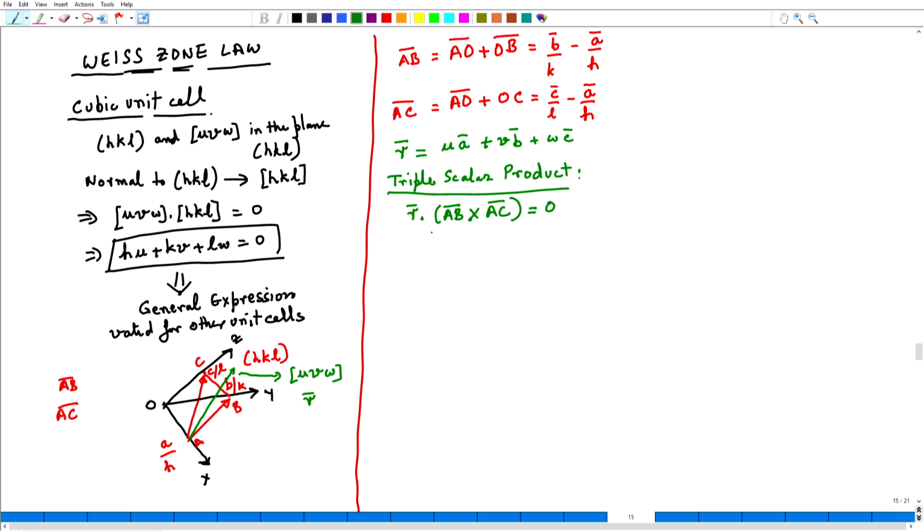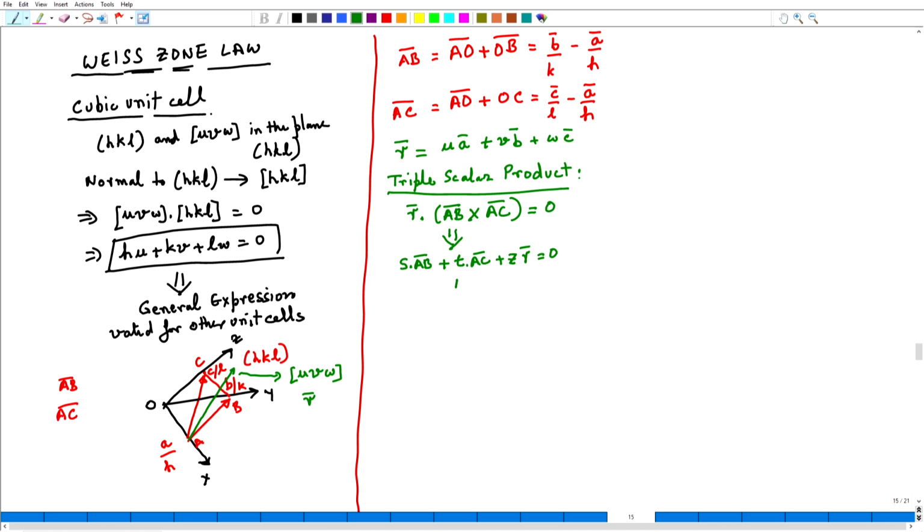So, in fact, one can write, though I am not going to specifically prove this, some scalar quantity S times the vector AB plus another scalar quantity, let us say T, times the vector AC, and a third scalar quantity, let us say Z, times the vector R. This sum should be equal to 0.